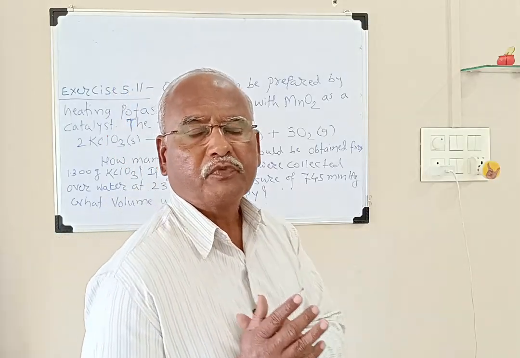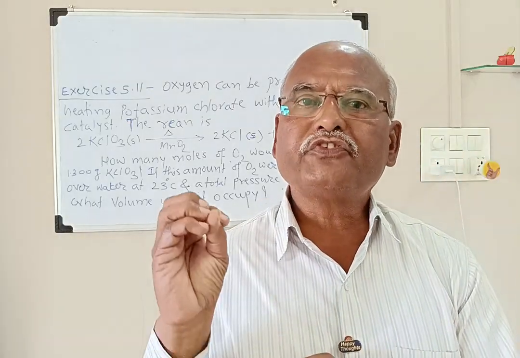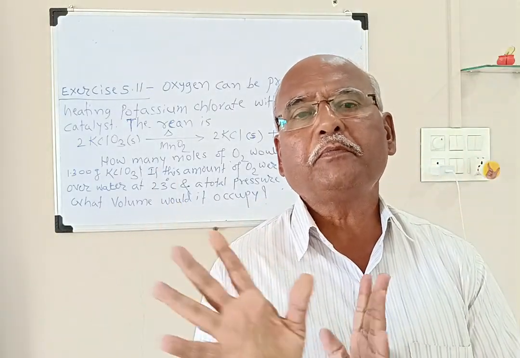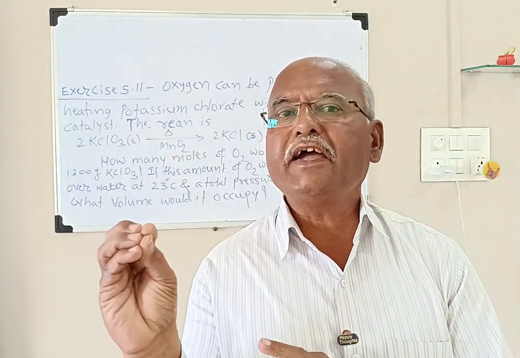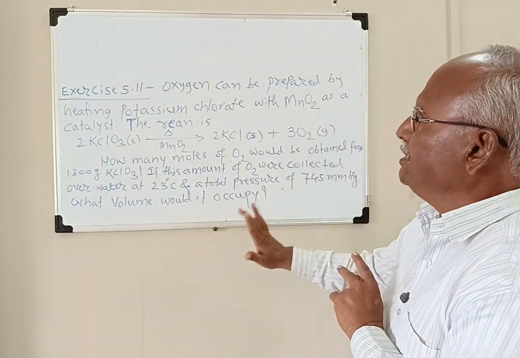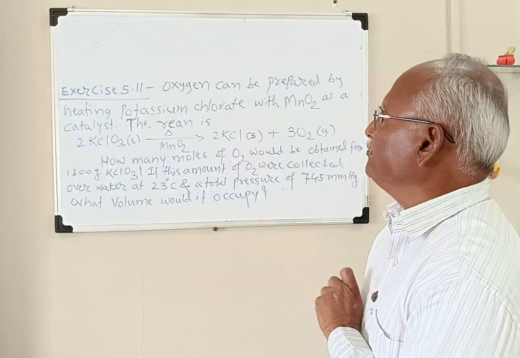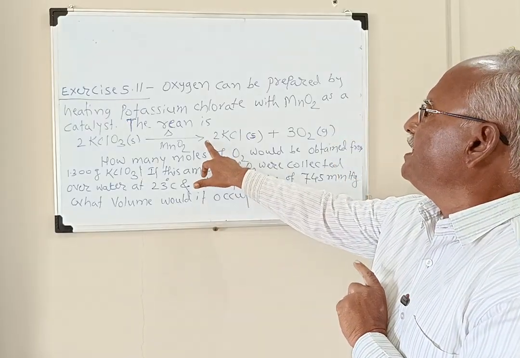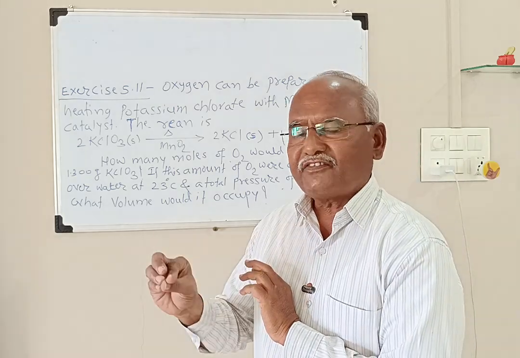In short, in the previous example, we studied hydrogen prepared by the reaction between zinc and dilute HCl. Here, oxygen is prepared by heating potassium chlorate. The chemical reaction is here. What is asked?